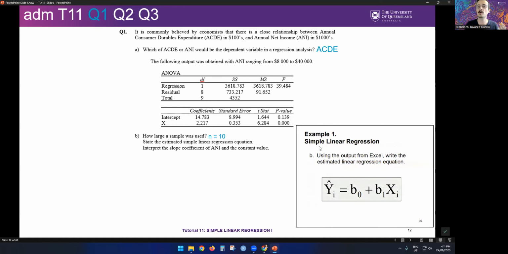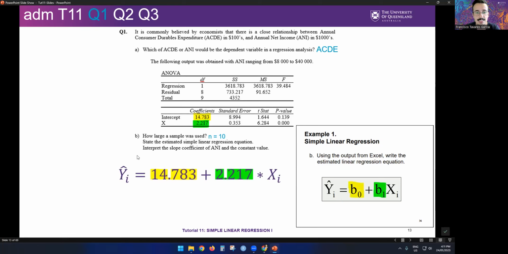So this simple linear regression equation is like that: y_i, the dependent variable, equals b0, the intercept, plus b1, which is our slope coefficient, times x_i, which is our observation. It's our independent variable, the value that we observe, so we can calculate y.